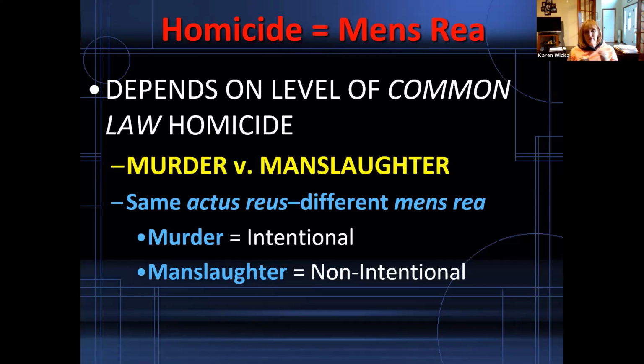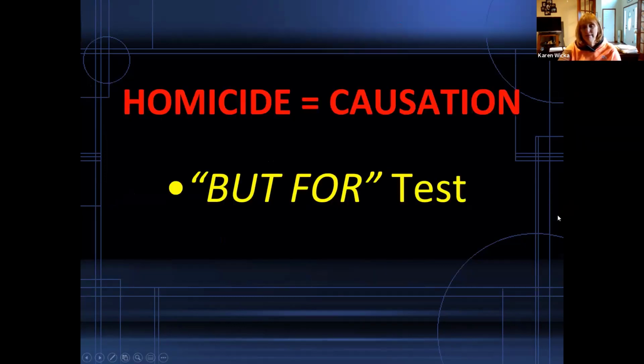So the mens rea for a murder would be intentional, and manslaughter would be either reckless, negligent, or knowing. So it would be a lower level. So in order to know what the mens rea is going to be, you have to figure out what level of crime, of homicide, that you're actually going to charge. Now, we also talked, when we went over elements, our wheel and all the elements, one of the elements we talked about was causation.